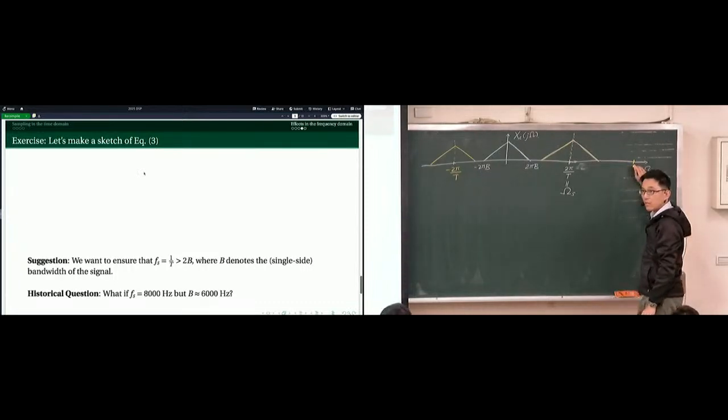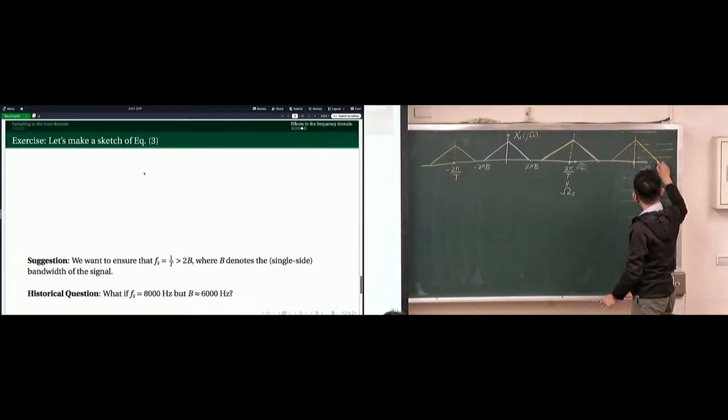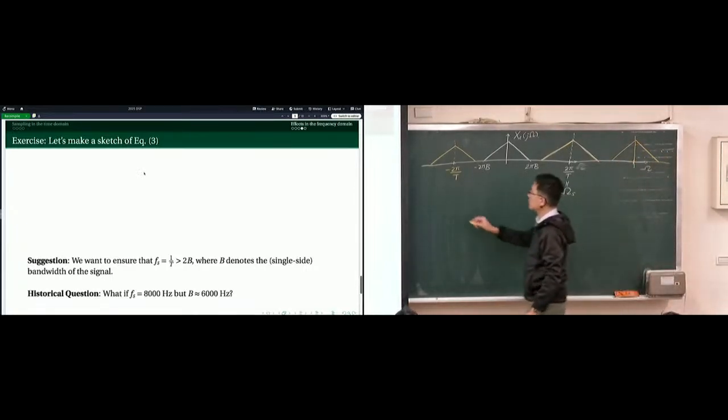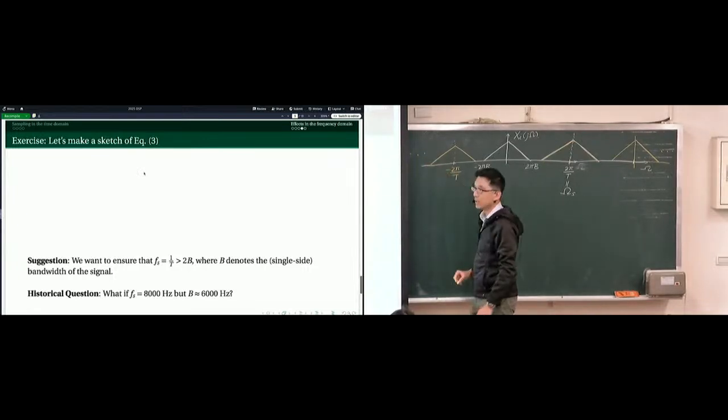We get yet another copy right here. You see? Because if you look at that summation expression, the summation over k extends to both sides. So we get yet another copy with the same shape, more or less, and the extension goes on to both sides.